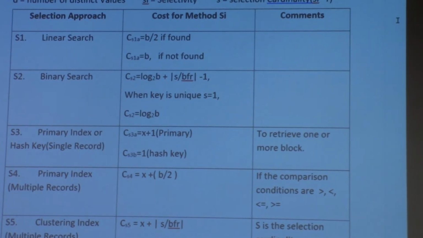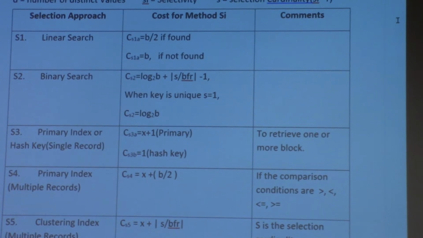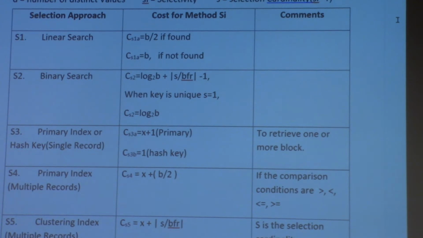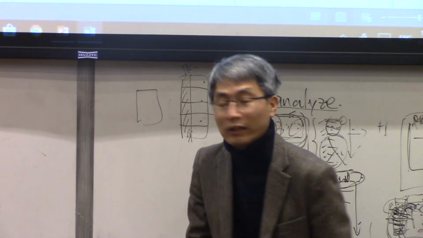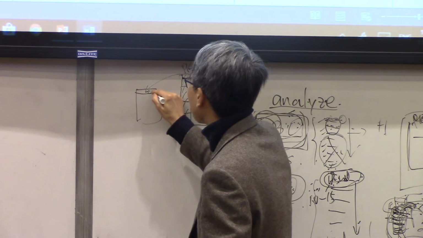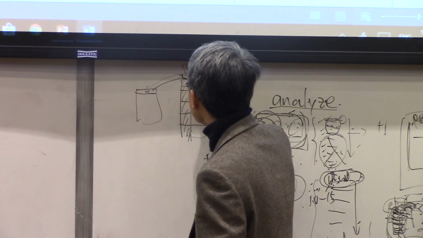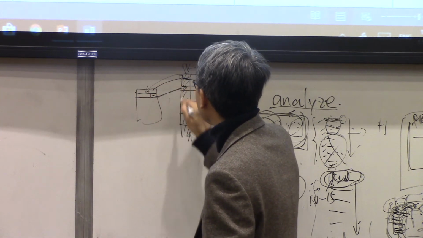So do you remember the primary index? With a primary index, you have the data file. What does the data file consist of? A number of blocks, ordered by the primary key, SSN. The primary index has the first row of the first block and a pointer to it, and the first row of the second block and a pointer, and so on.